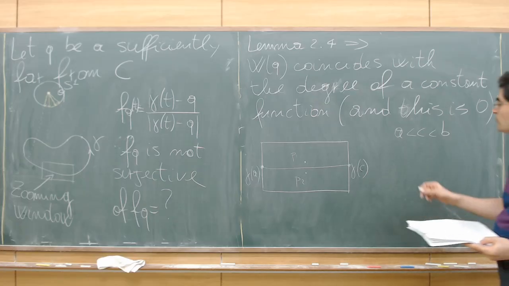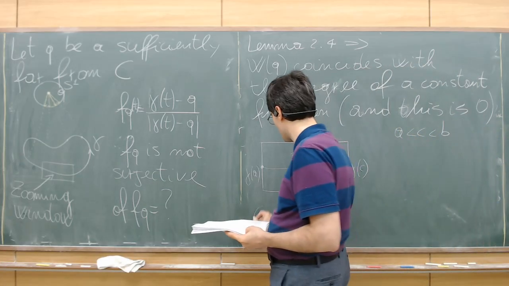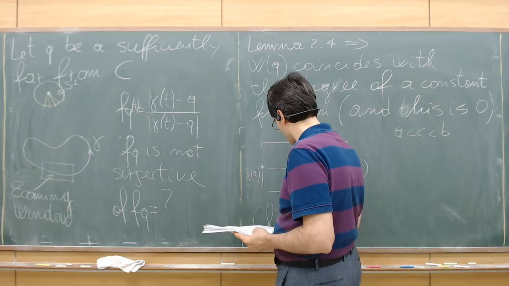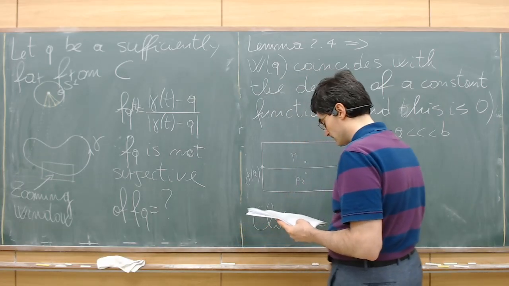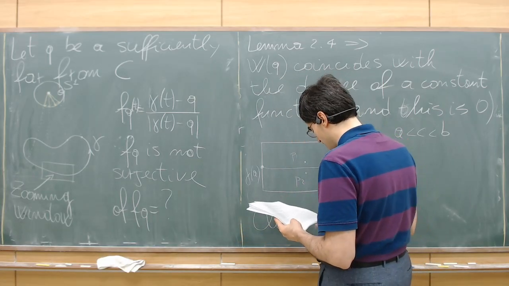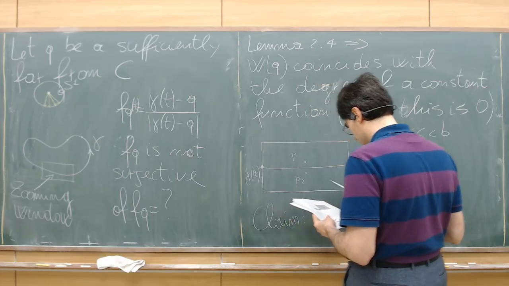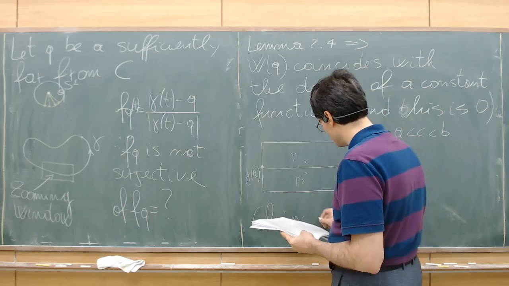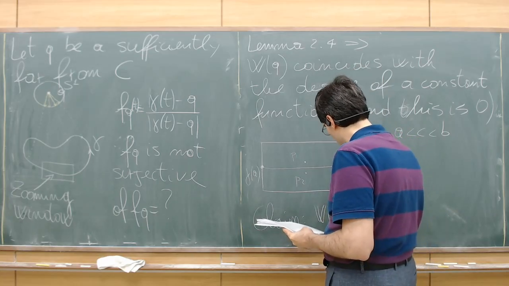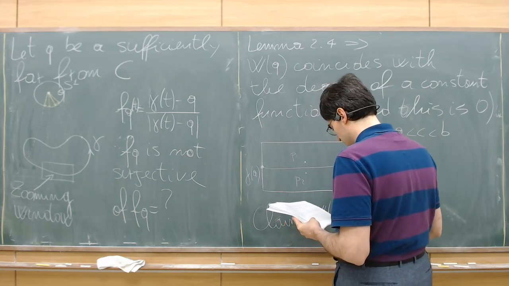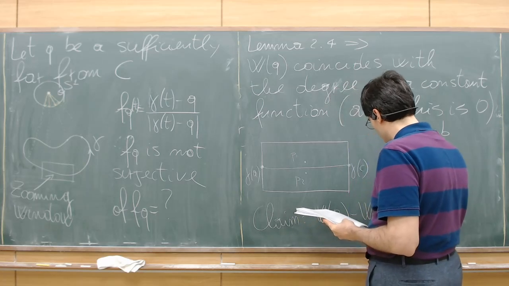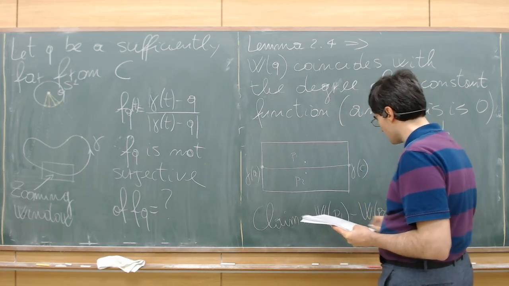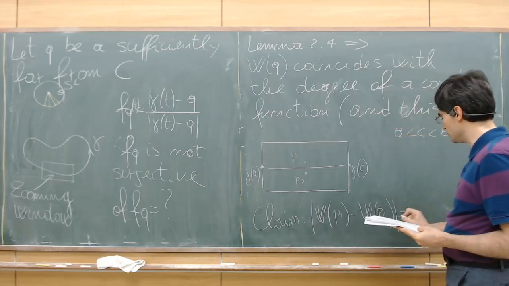We want to prove the following claim. The claim is that the absolute value of W of P1 minus W of P2 is equal to 1.